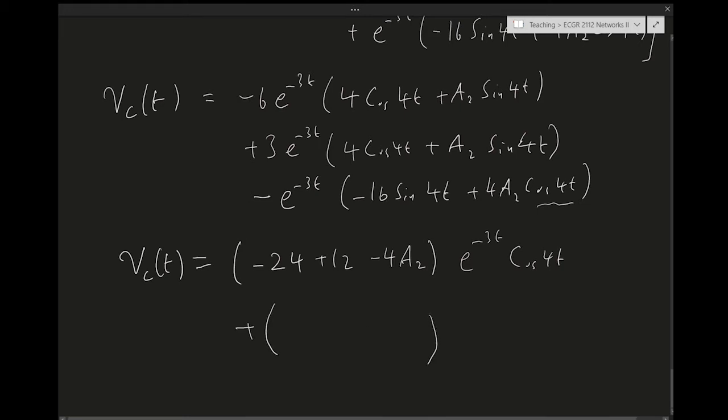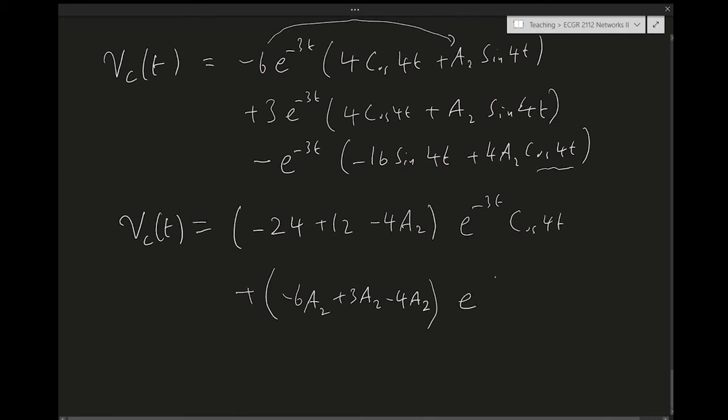And then the other term is going to be, I collect all the factors in front of the sine. So I have minus 6A2, and then plus 3A2, and then minus times 4, I end up with minus 4A2, and this is e to the minus 3t sine 4t. I collected all the terms for the sine.